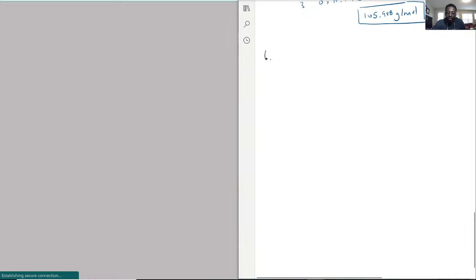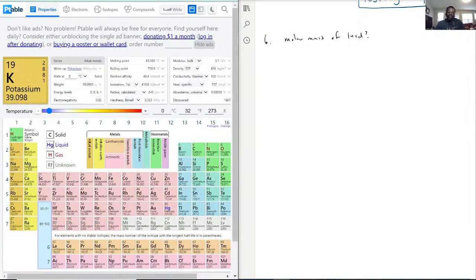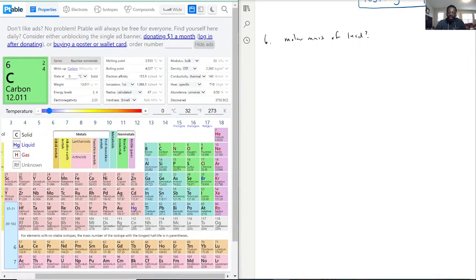And now let's see, what is the molar mass of lead? Okay, so for this question, exactly just as how we did from the previous one. Is lead a molecular element, a molecular compound, or an atomic element? So lead is just straight from the periodic table right here. Where's Pb?